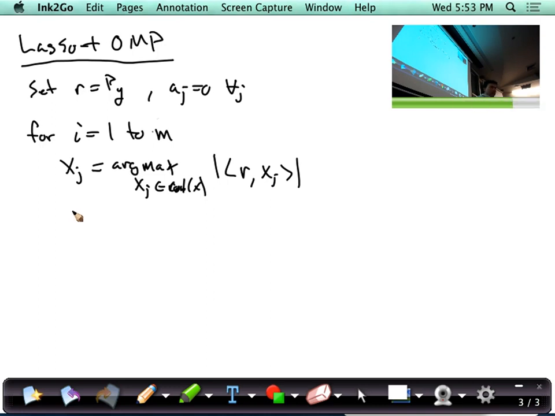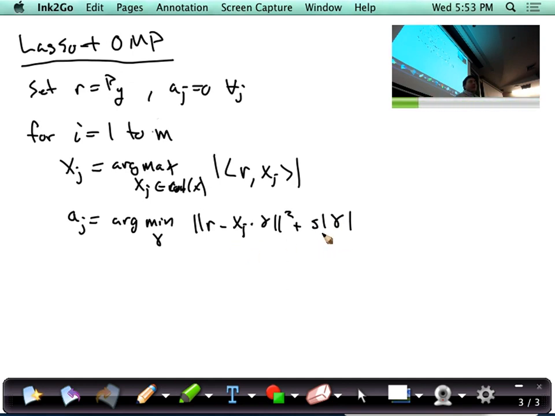Okay, and then I'm going to set a_j equal to the arg min. And so I can solve this, right? I can just check all of the values. I can solve this for some value gamma, where it's the norm of r minus x_j times gamma, squared, plus s times the absolute value of gamma. Now instead of solving the least squares solution, I can solve this L1 solution.